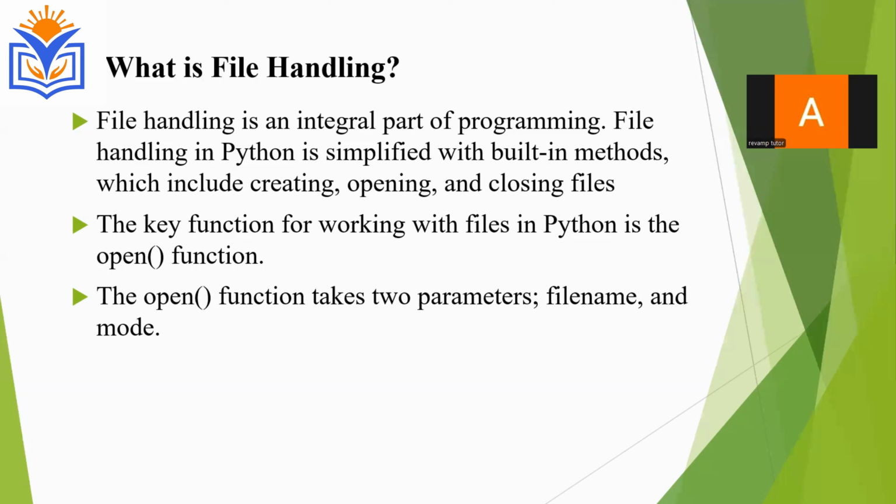One is the file name, that is the name of our file, and the other is the mode, in which mode we have opened the file, whether it is read mode, writing mode, or appending mode, whichever mode it is. These are the two parameters used in our open function.